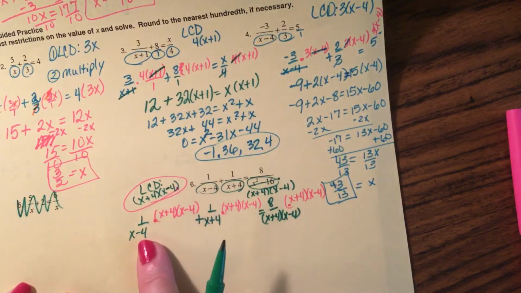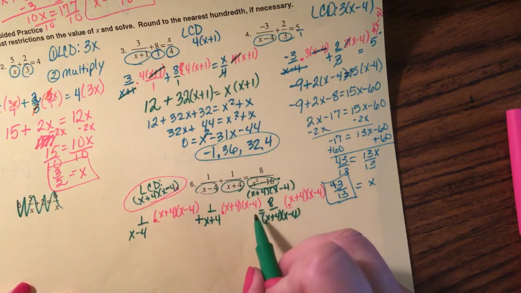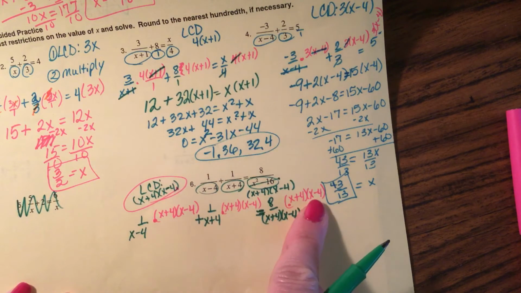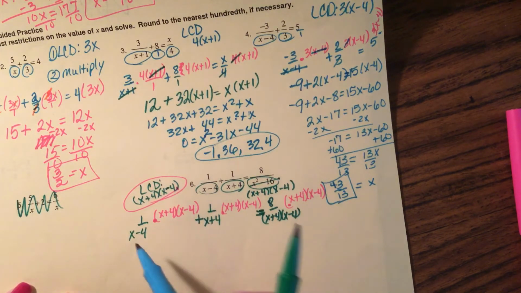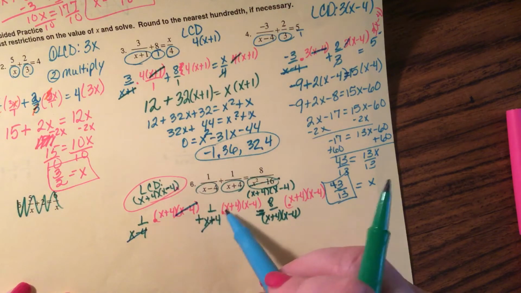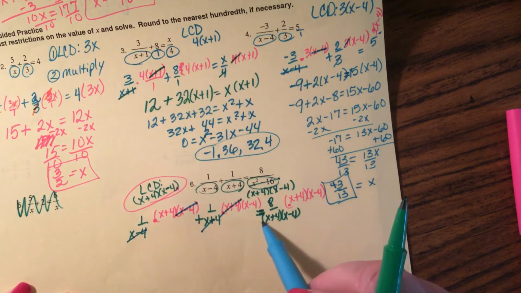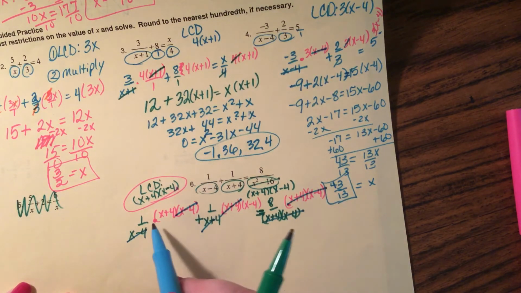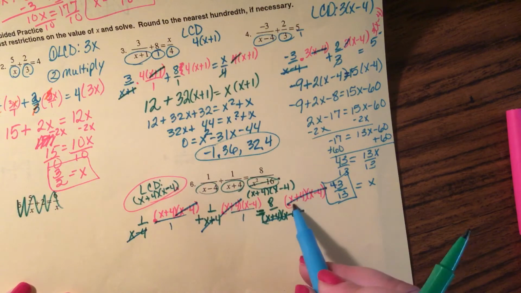So what I did is I took each original fraction that we had, and I multiplied by that denominator. So think about what cancels. This one we lose the x minus 4, this one we lose the x plus 4, and this one cancels everything. Okay, you cancel from top to bottom. Remember, these are on the top.